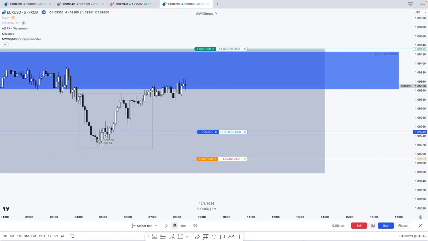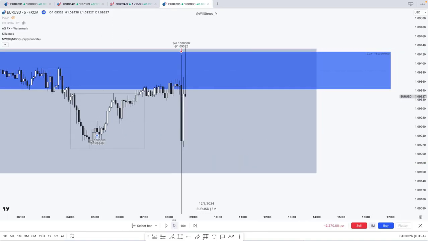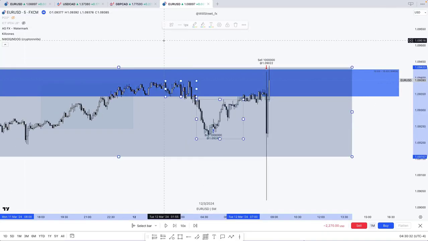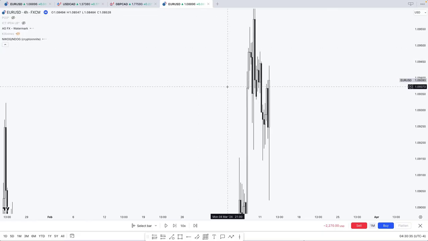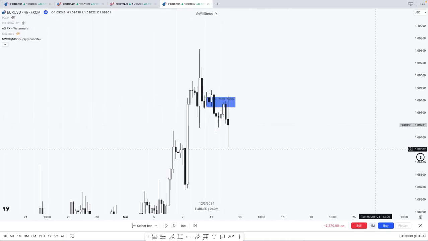This is the case, we take that long, okay? But imagine in this case, take profit here. Imagine, I don't know, let's see if there is a bigger range.